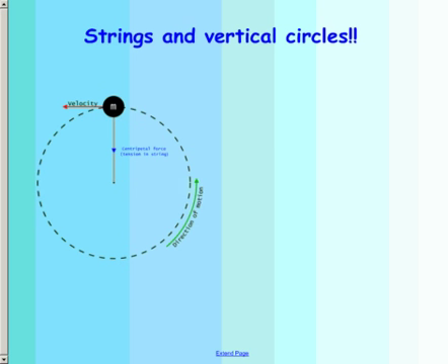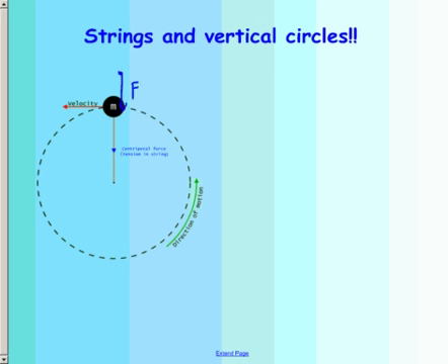Next, we have strings in vertical circles. There's no normal force. There is a force of tension in the string. So let's draw a free body diagram of this mass, I don't even know what it is, being swung in a vertical circle.